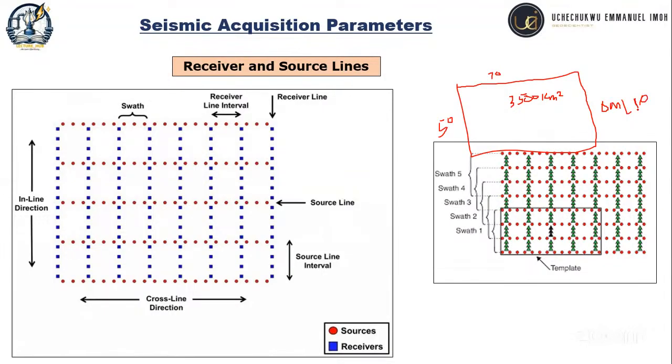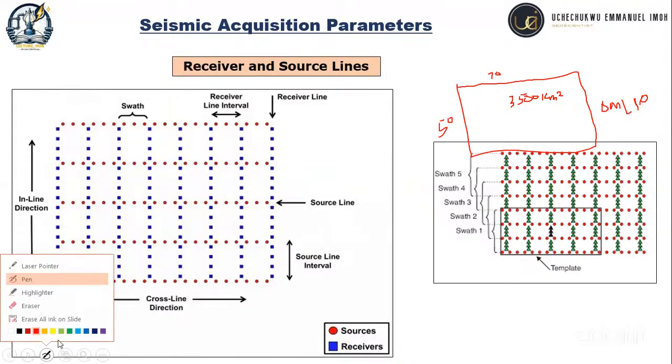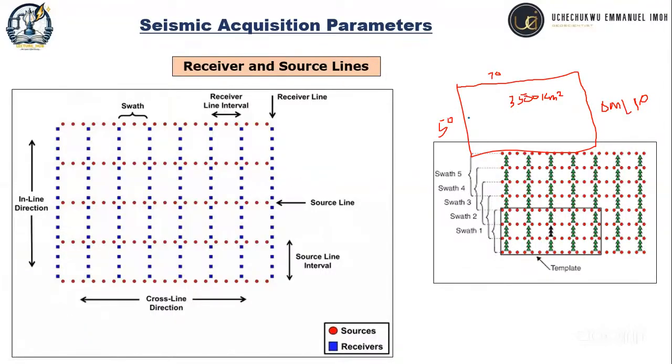So if you want to acquire seismic data, let's say you want to run your receiver lines in this direction. Most times the lines are not that long to cover the 50 kilometers.